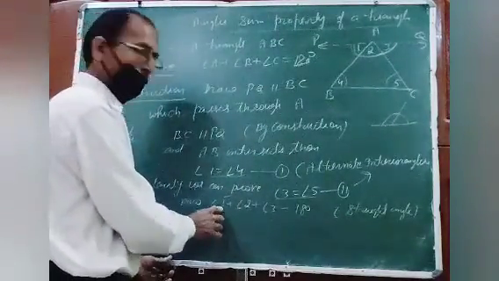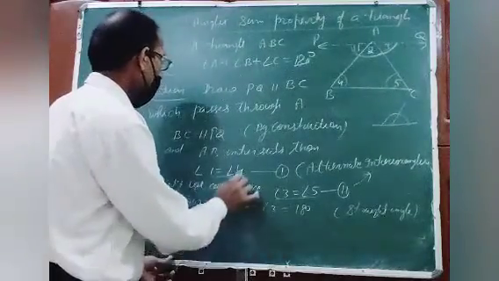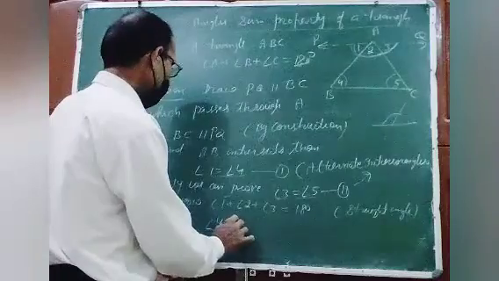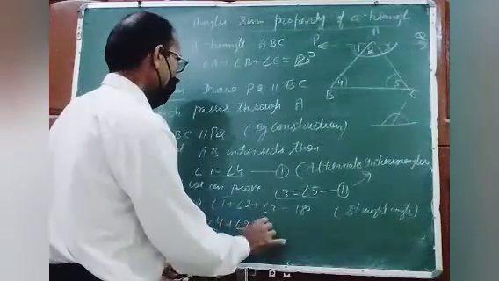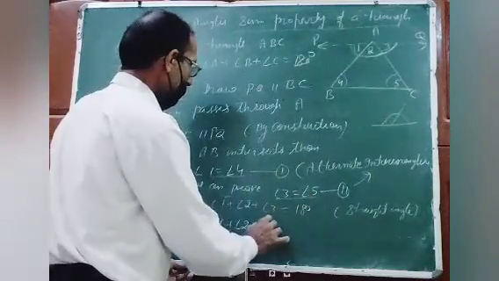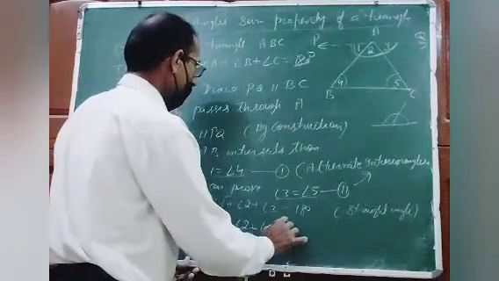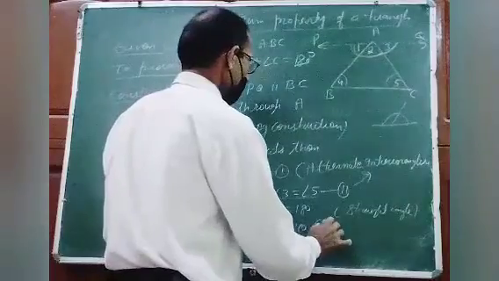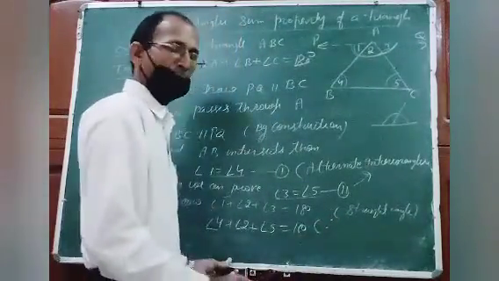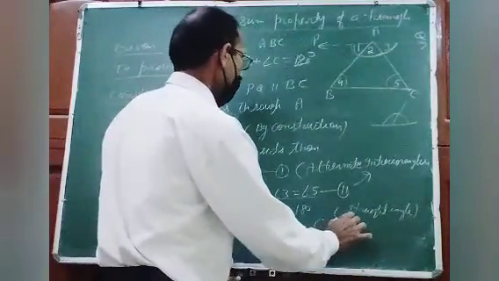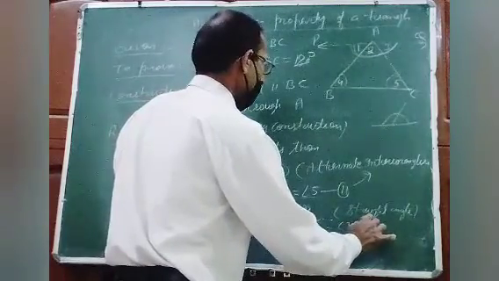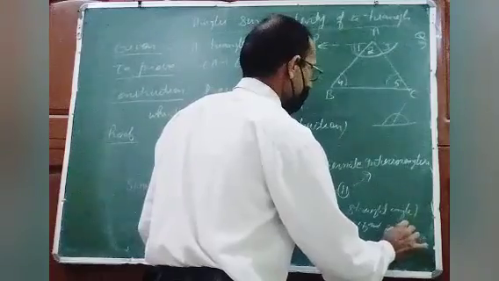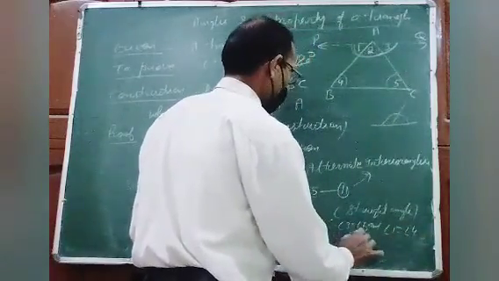Angle 1 is equal to angle 4, so I will write angle 4 here, and angle 2 as it is, and angle 3 is equal to angle 5 because I proved it above. So angle 4 plus angle 2 plus angle 5 is equal to 180 degrees. Because, this symbol is for 'because', angle 3 is equal to angle 5 and angle 1 is equal to angle 4, proved above.